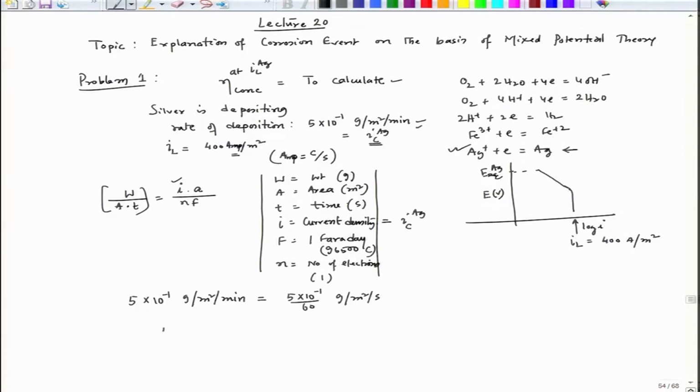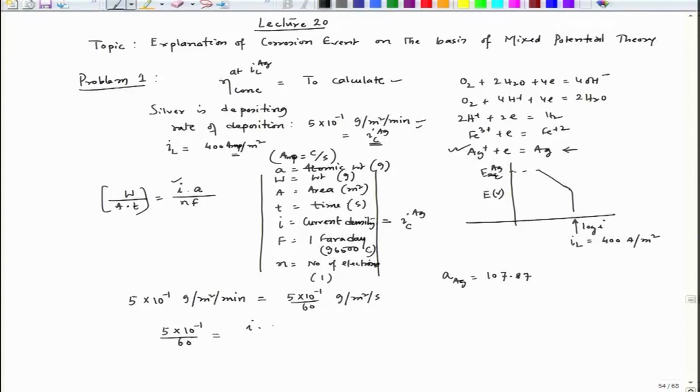So, 5 into 10 to the power minus 1 by 60 equals I, and here we missed one point. A is nothing but the atomic weight of silver, also in gram, and A of silver equals 107.87.